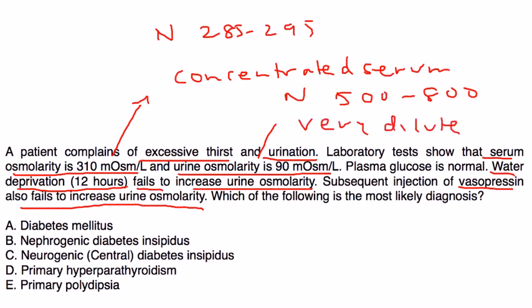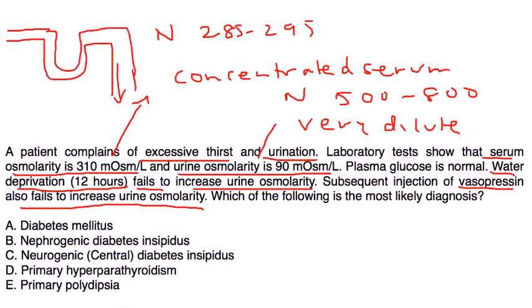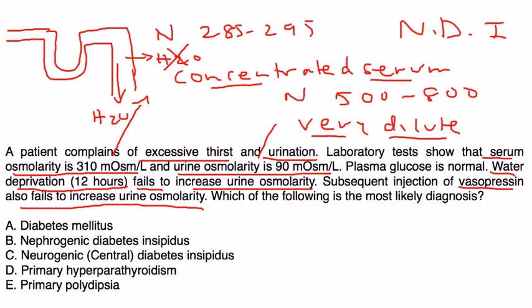Because if you remember in that diagram that we keep drawing, in nephrogenic diabetes insipidus, the ADH is not working on the kidney, so water is not coming back. It's actually being urinated out, and that's why the urine is so dilute, and that's why the serum is so concentrated. Then you gave the water deprivation test, and that fails to increase urine osmolarity.